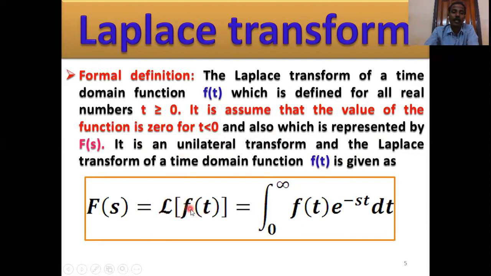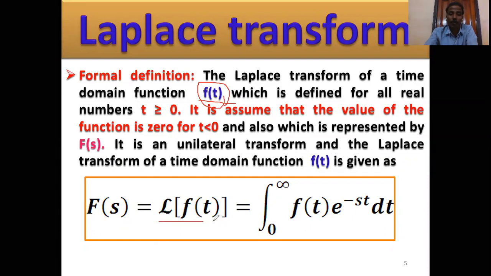Laplace transform of f of t equals F of s equals integral from 0 to infinity of f of t e to the power minus st dt. So in this case, f of t is our main function, and after Laplace transform of f of t, we get F of s, that means time domain to frequency domain, and which is defined for all real number t greater than or equal to 0.